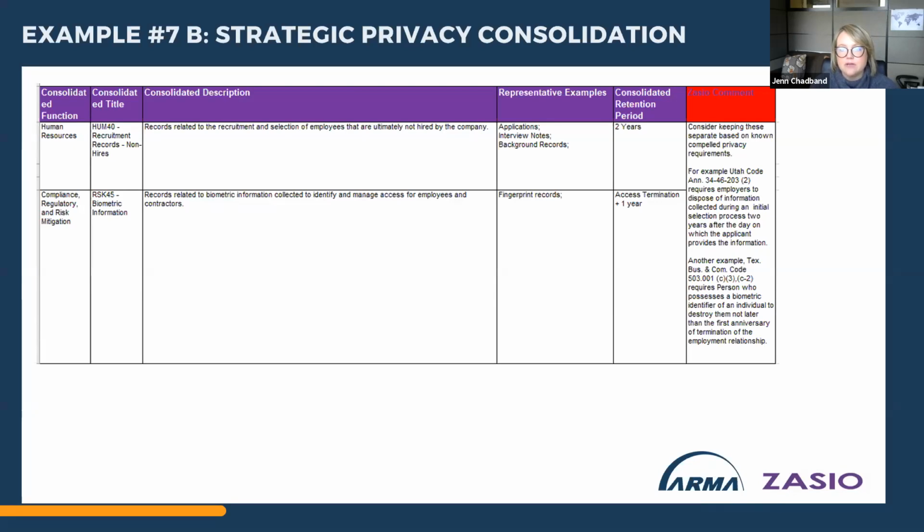Now, several international jurisdictions are going to say shorter. In an international schedule, you will look at much shorter retention periods in some instances. Biometric information, same thing. Right here, we have it tailored to a Texas requirement, the compelled privacy or maximum retention requirement. But it's the same scenario.